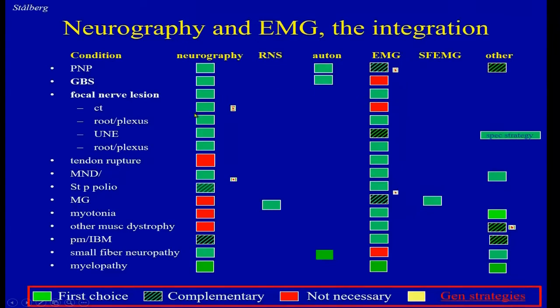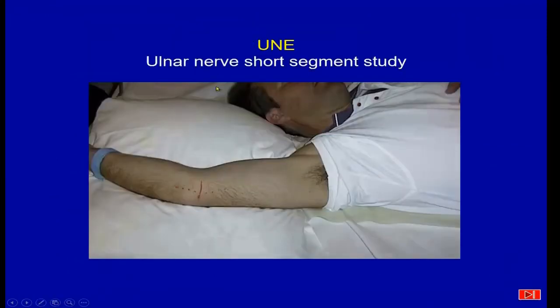Root and plexus is the same thing, where the presence of sensory responses is typical for root, but absence of sensory responses is typical for plexus lesions, and EMG for level confirmation. When we have ulnar nerve entrapment, then the neurography is done in the following way.